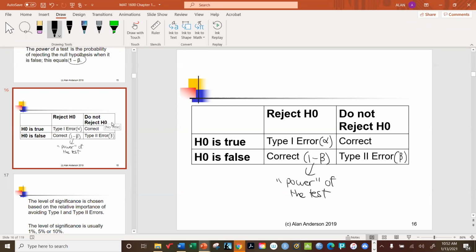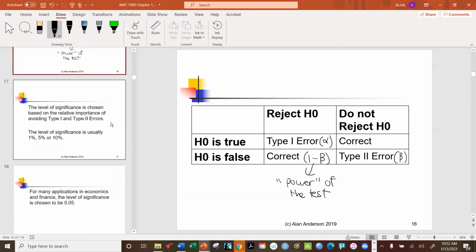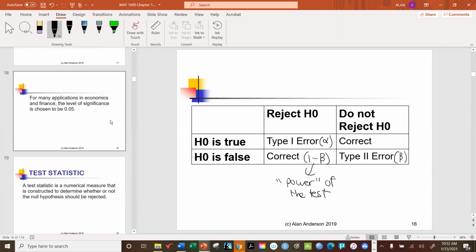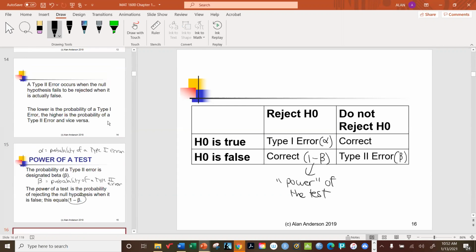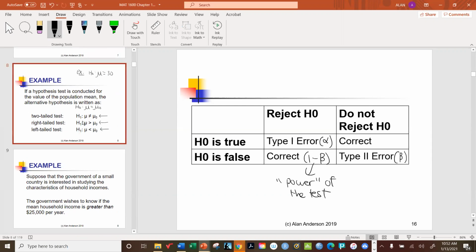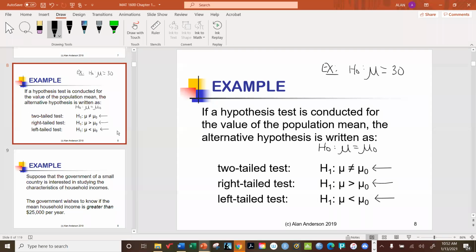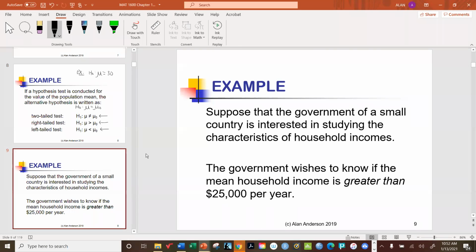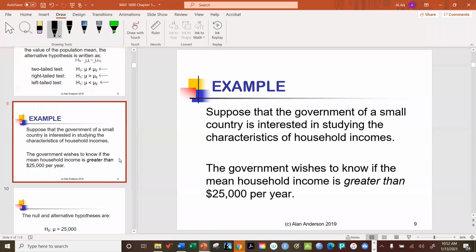All right. Oh man, it's just getting more intense, isn't it? Yes, it is. Now, before we go any further, I skipped over an example. I wanted you to just quickly see this. As far as the alternative hypothesis is concerned, here's a scenario where the government of a small country is interested in studying household incomes in that country.